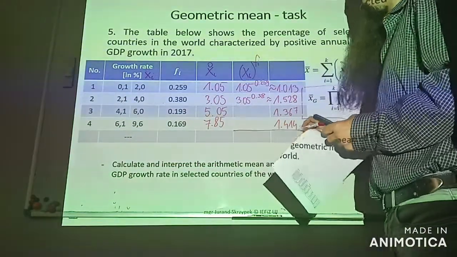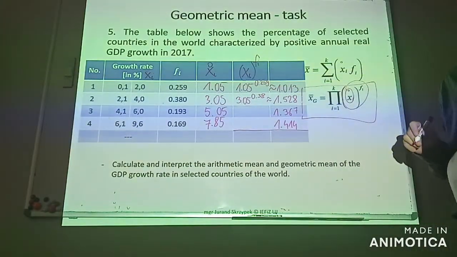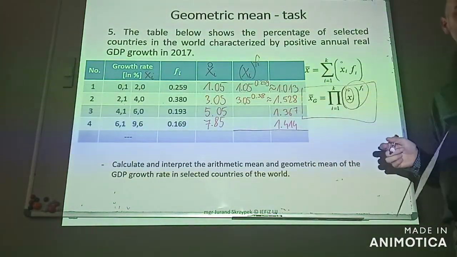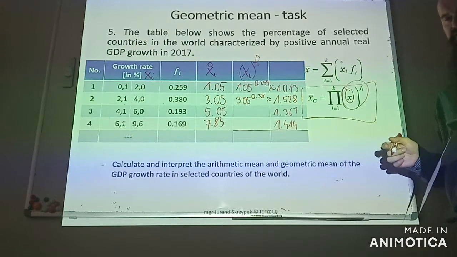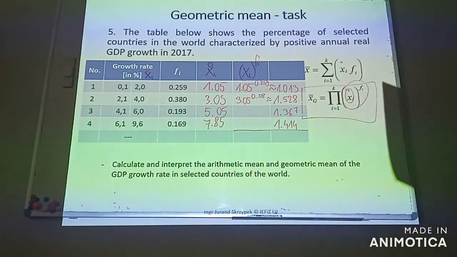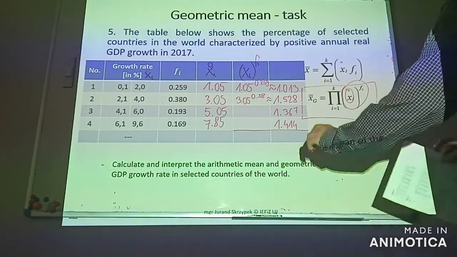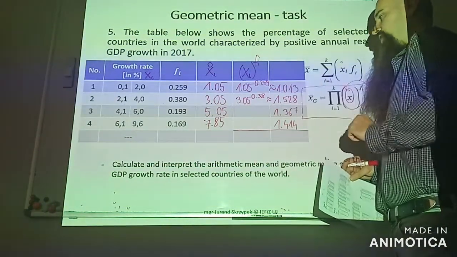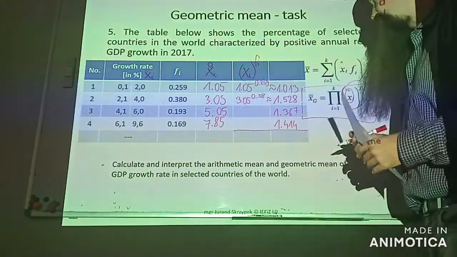And now we are able to compute the product of these values, the product of the values that we find in this column.